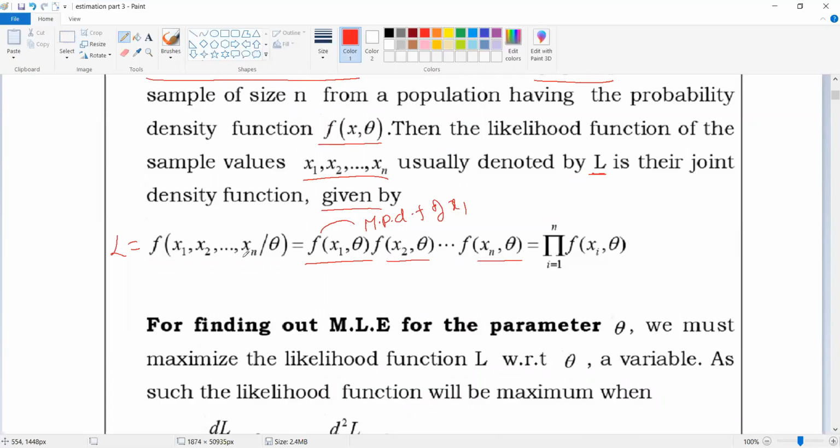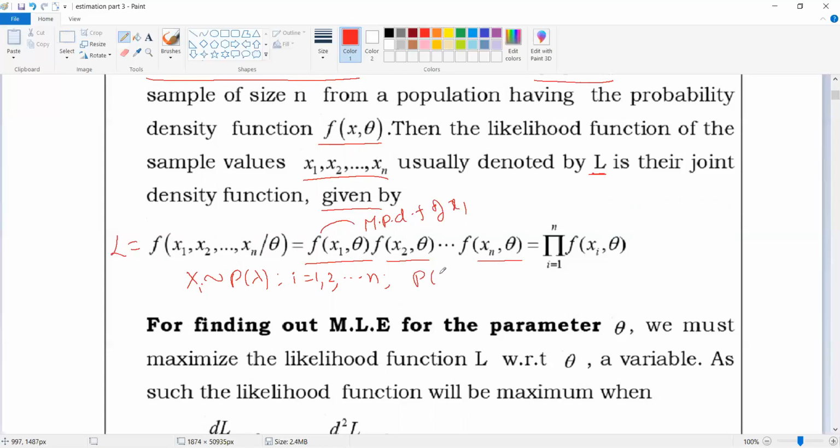For example, x follows a Poisson distribution, so xi follows Poisson, with a random sample drawn from this, i = 1 to n. How do we prepare the likelihood function?